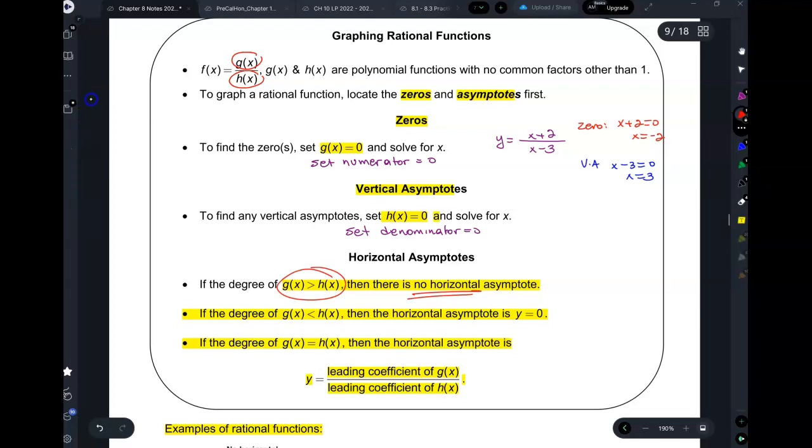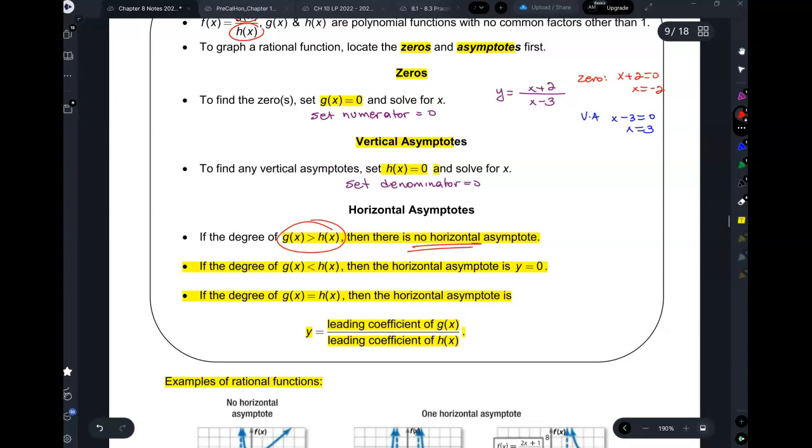If the degree of the numerator is less than the degree of the denominator, then the horizontal asymptote is y equals 0, okay? And then if the degree of g of x is the same as h of x, then the horizontal asymptote is the leading coefficient of the top over the leading coefficient of the bottom.